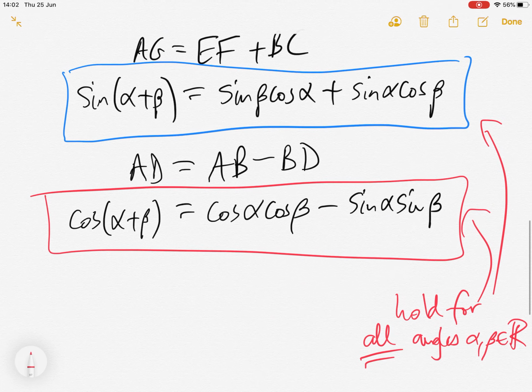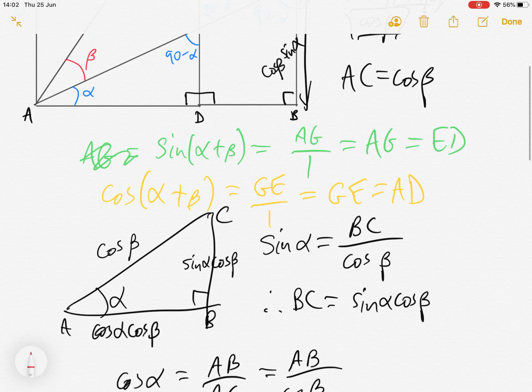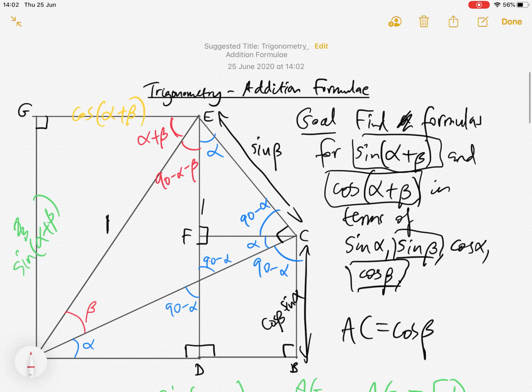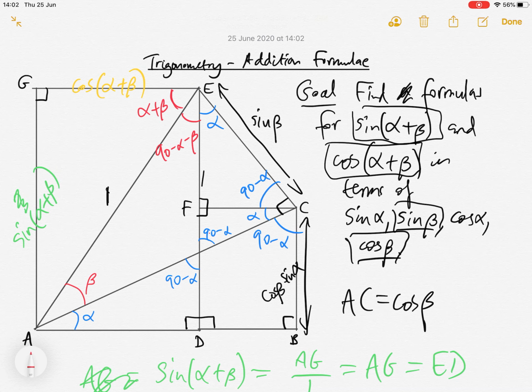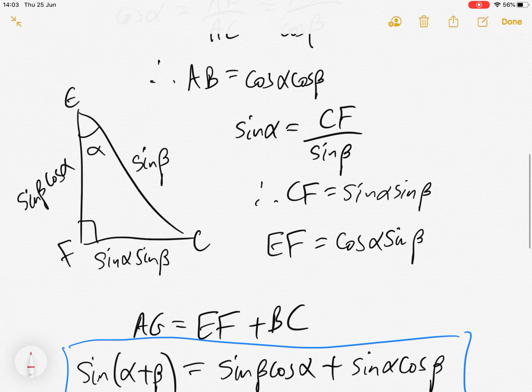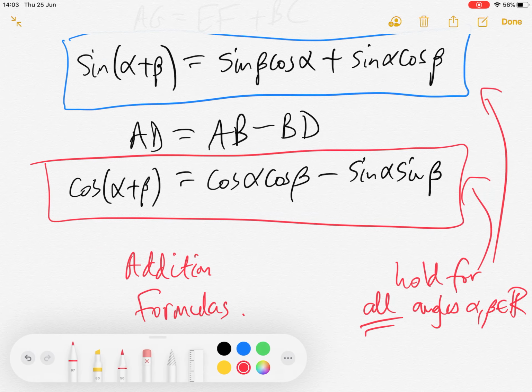So yeah, these are really useful. They're called the addition formulas. And in the book, question 1 of exercise 7a is about a really similar thing to this, a similar diagram for proving formulas for sine alpha minus beta and cos alpha minus beta.